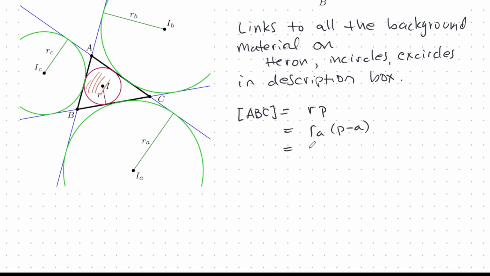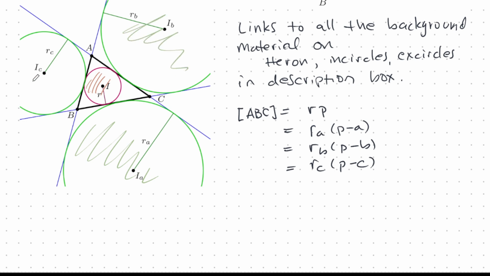Very beautiful, spectacular relationships that we proved. r_b times p minus b, r_c times p minus c, and r_a is the radius of this excircle, r_b is the radius of this one, and r_c the radius of this excircle.